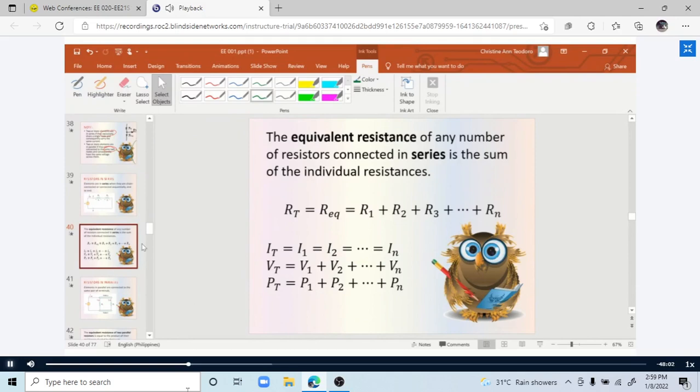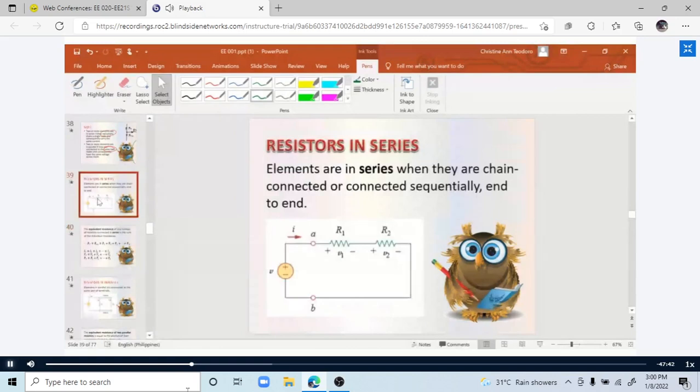Now when it comes to the current, the voltage, and the power, each has a certain condition as well. For the current, when it comes to series, current is always constant. When I say current is always constant, it doesn't change.